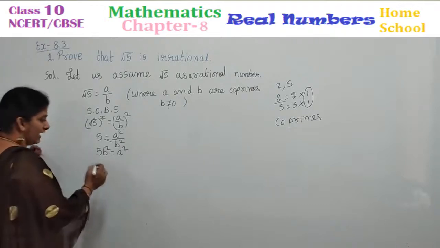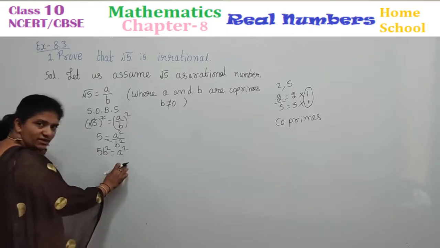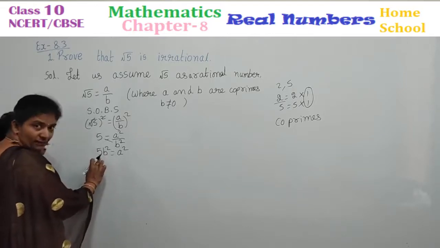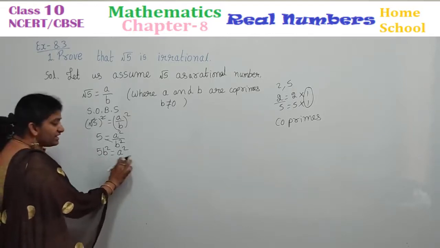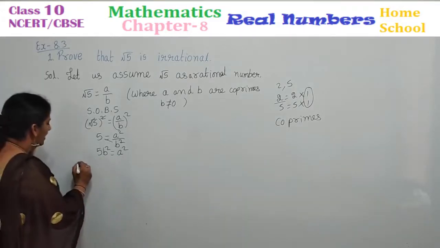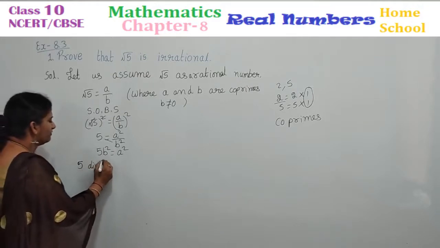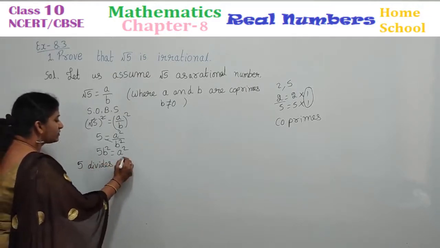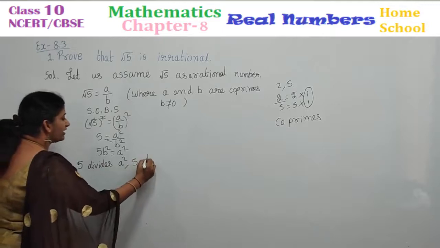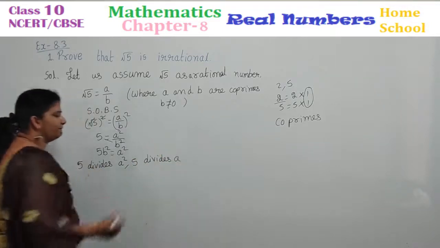Okay. Now, look here carefully. This 5, if it comes this side, this is a multiple, right? It can divide. Then what can I say? According to the theorem, 5 divides A square, then automatically 5 divides A.